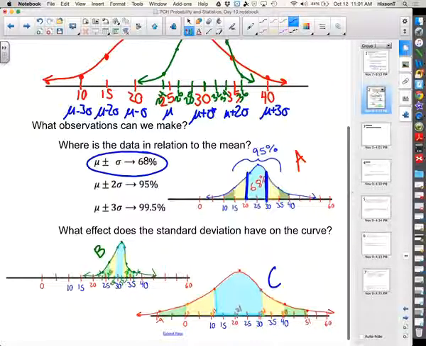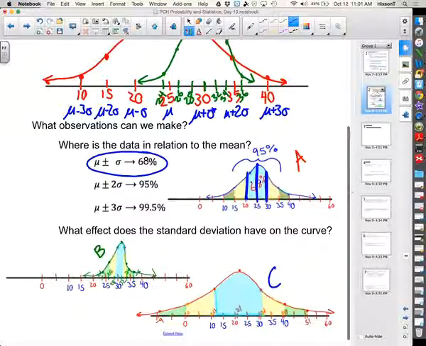Now, with this being said, if that's 68%, what percent of the data is between 25 and 30? 34%. Because our bell curve is symmetrical. So of that 68%, it's going to be 34 and 34.